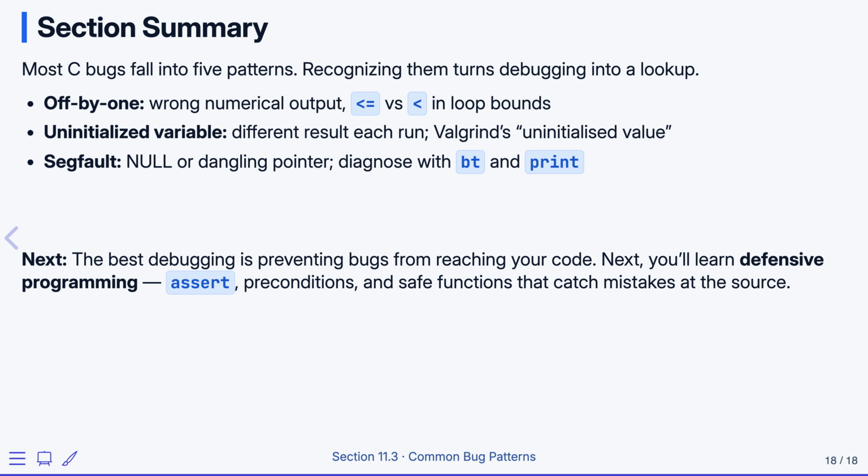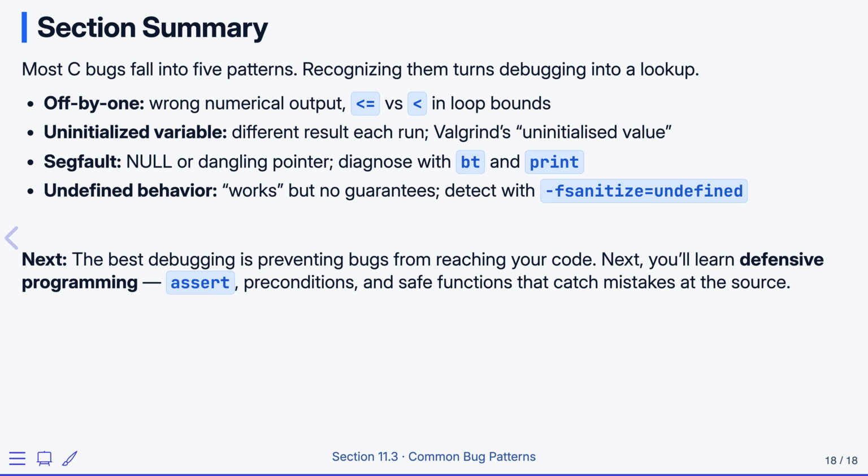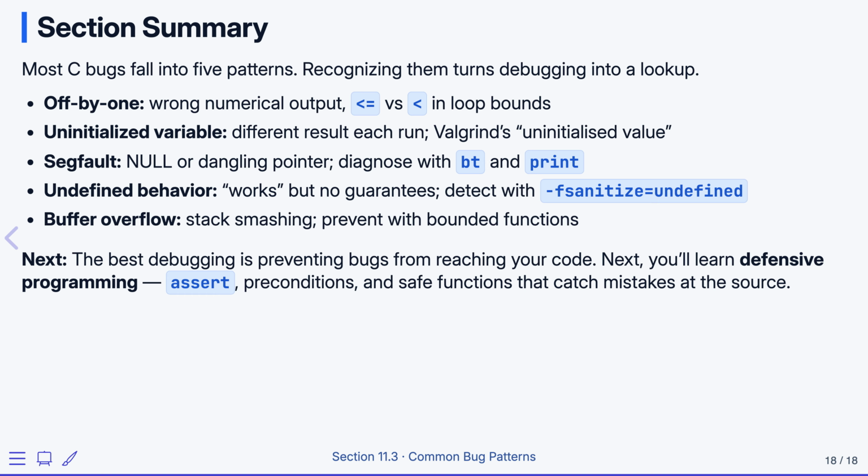Segfaults come from null or dangling pointers, diagnosed with backtrace and print. Undefined behavior is code that works but has no guarantees, detected with the undefined behavior sanitizer. And buffer overflows show up as stack smashing, prevented with bounded functions.